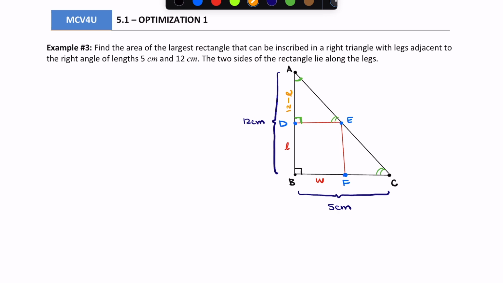And what we notice is that we can look at these two as similar triangles. So triangle ADE is similar to triangle ABC. And so here we can see that AD over AB is equal to DE over BC.